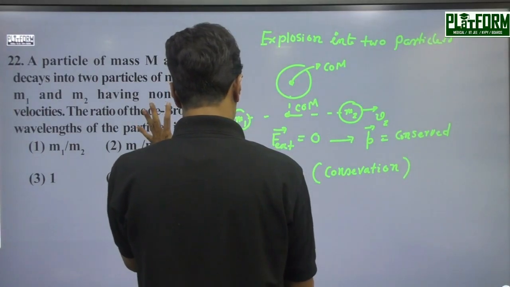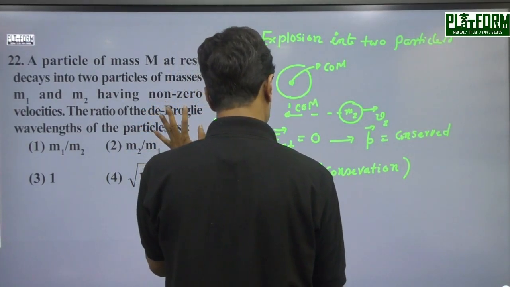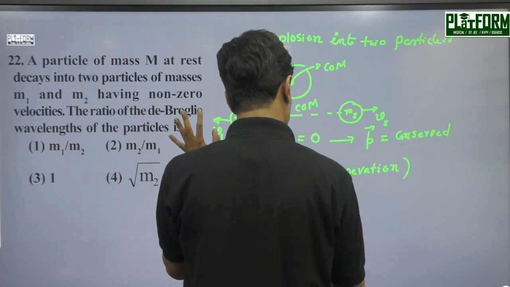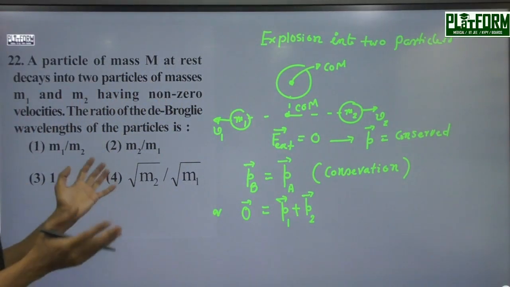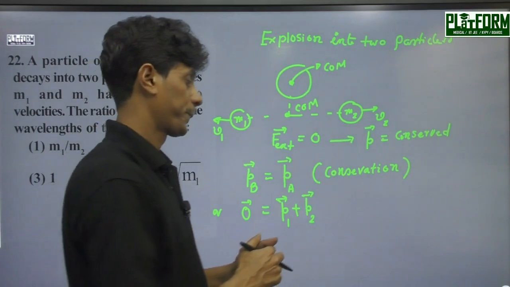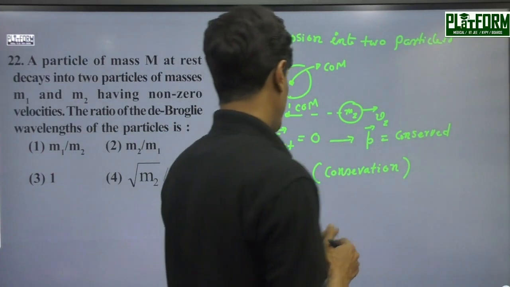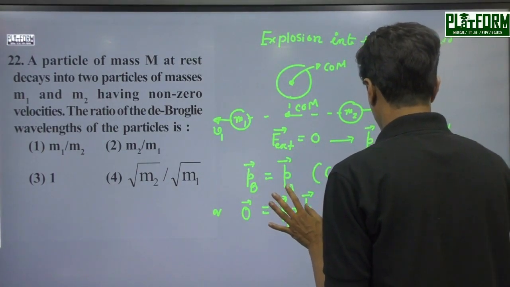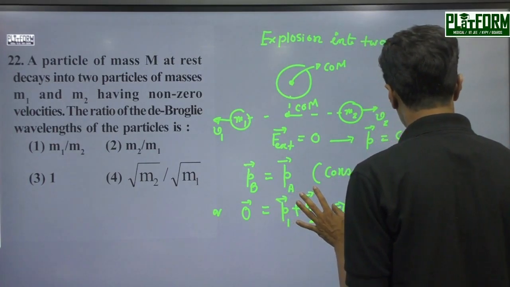Momentum before is zero, and after explosion the vector sum of momentum is equal to P1 plus P2. It is the vector sum of the momentum after explosion. And from this we can write P1 vector is equal to minus P2 vector.